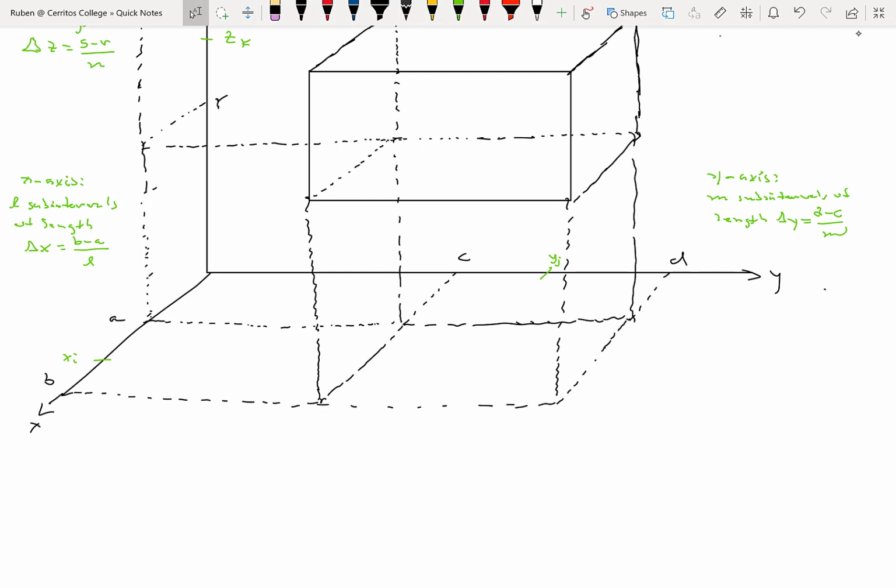So B is divided into sub boxes of volume delta V equals delta x, delta y, delta z.